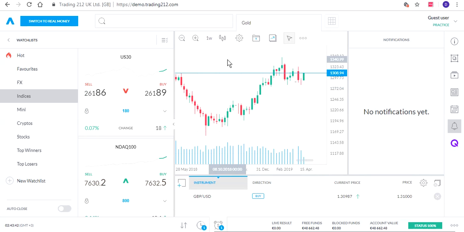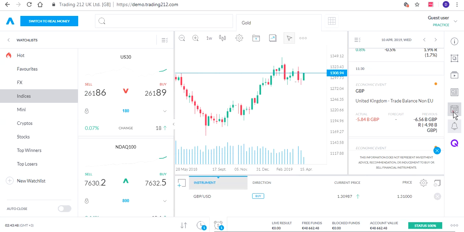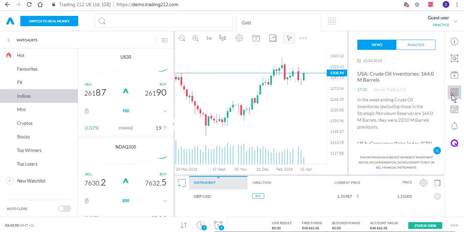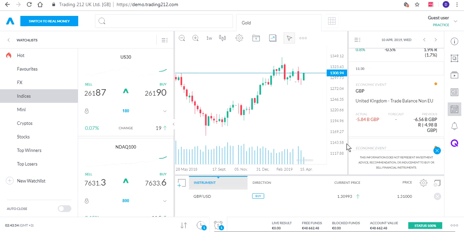In order to evaluate this instrument, it's necessary to check the economic calendar as well as the news and analysis. For example, let's assume that I'm going to deal with Great British Pound against US dollar.